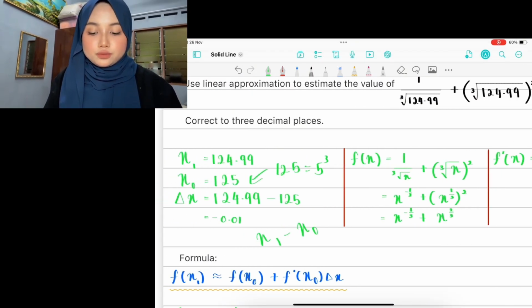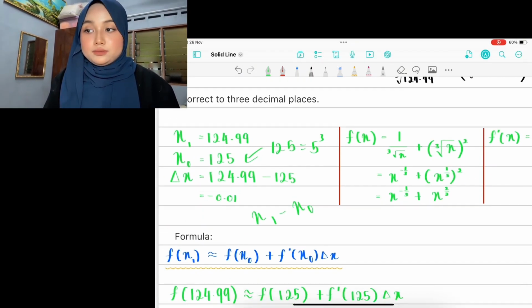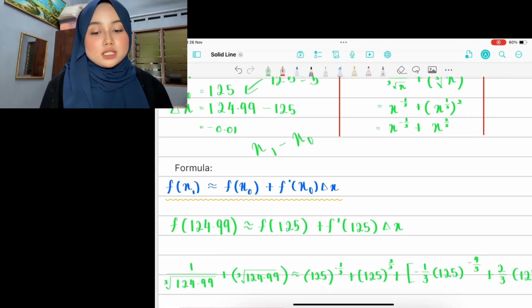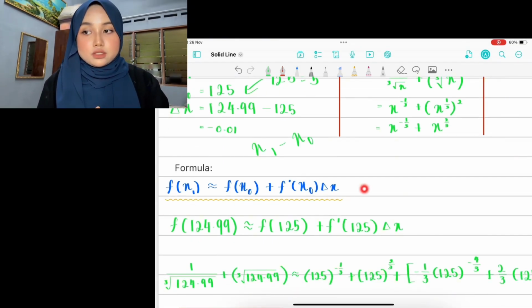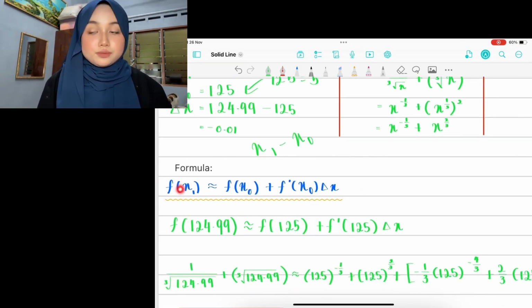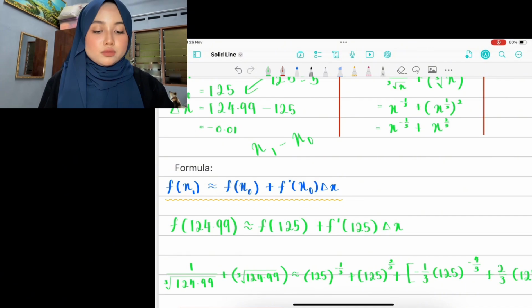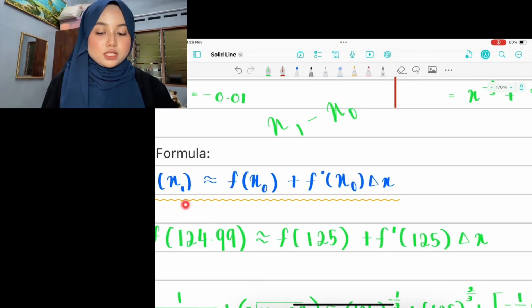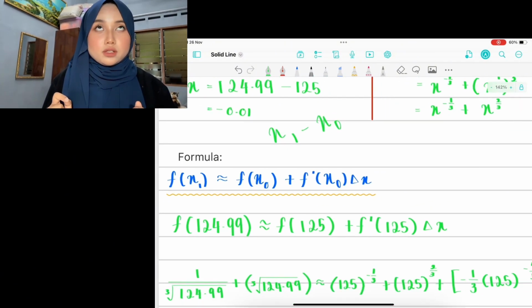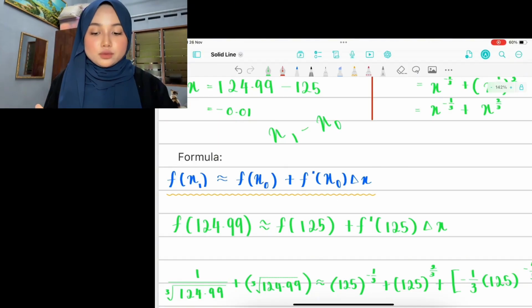Now we can use this formula to substitute the values. The formula was already given here, so we just need to enter the values in this formula.